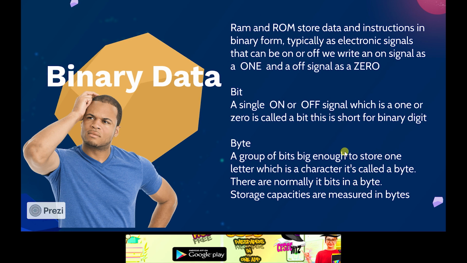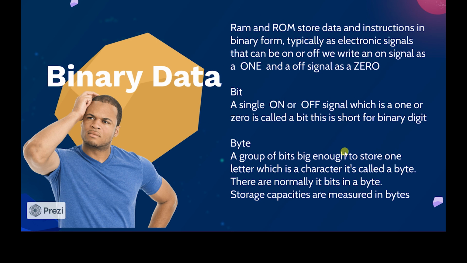Okay, so let's go over that one. As I said, they are in binary form. They are typically electronic signals that can be either off or on, which is a 1 or a 0. So that's how your computer recognizes information. It recognizes it in terms of ones and zeros, so it's either an on or an off.